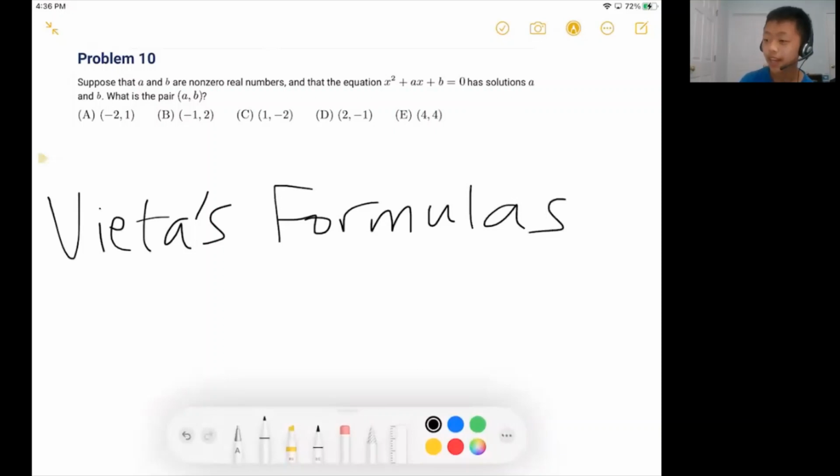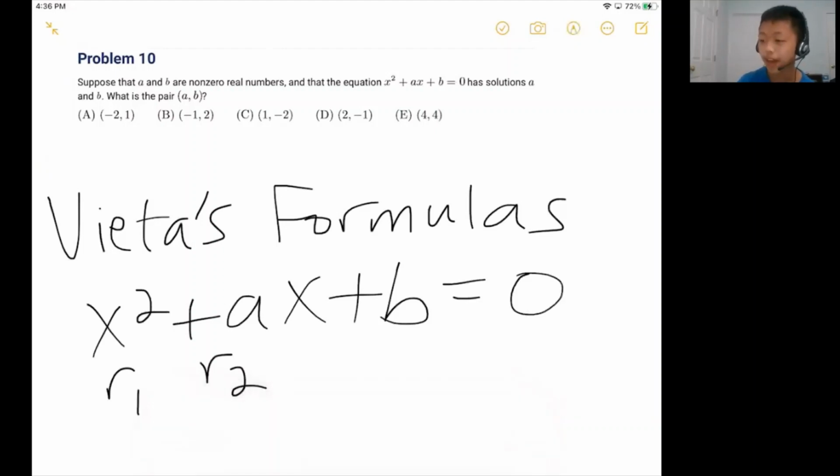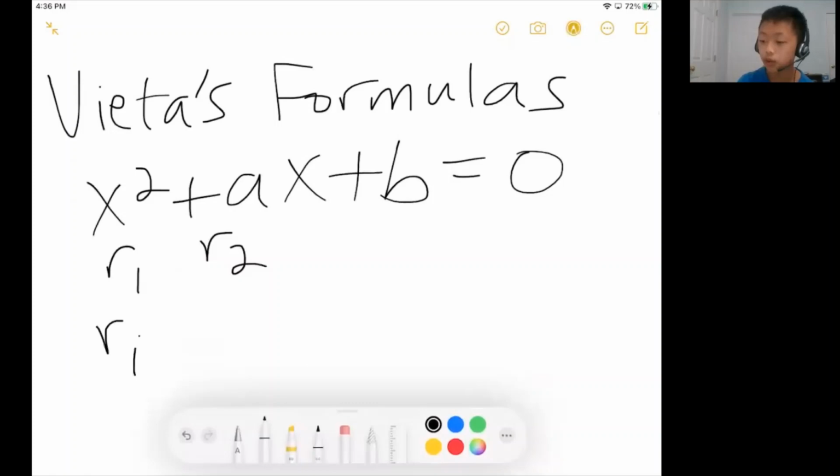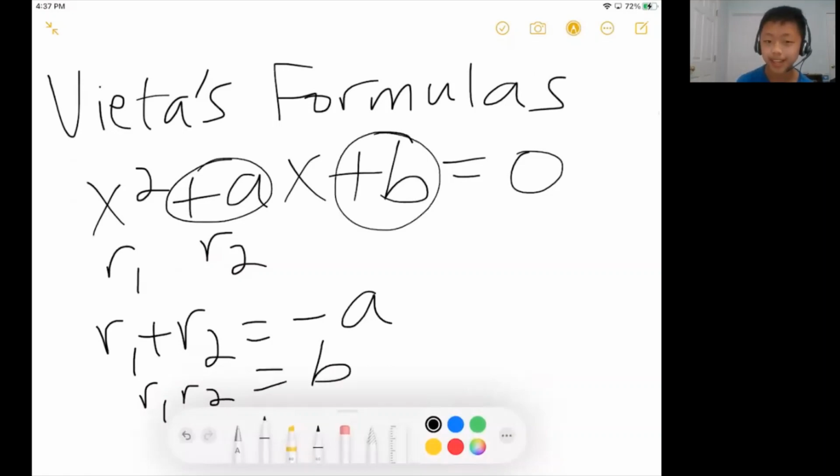If you have a quadratic, like in this case x squared plus ax plus b, and R1 and R2 are solutions to the equation x squared plus ax plus b equals 0, then Vieta's formulas tell us that the sum of the two roots is the negative of this coefficient, so R1 plus R2 equals negative a, and the product of the roots R1 times R2 is equal to the constant term b.